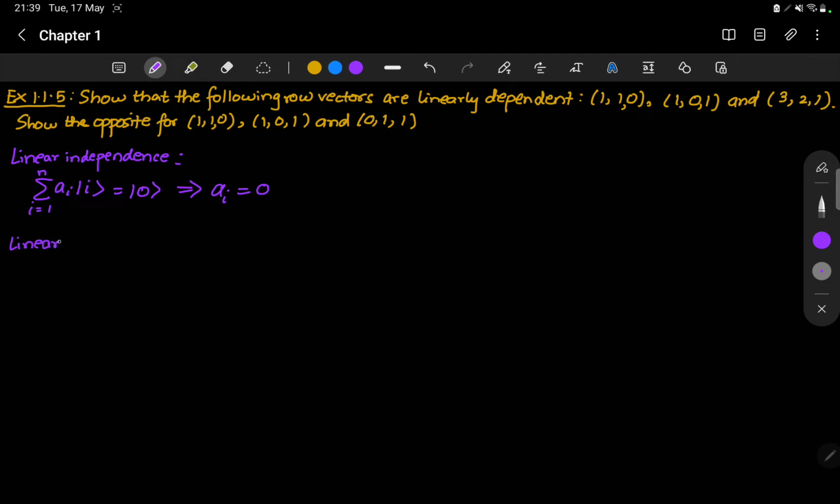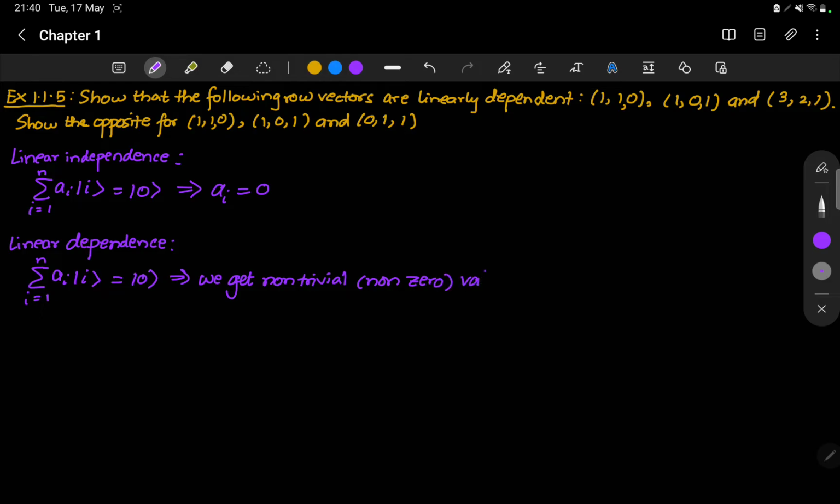And linear dependence would mean that if we take this superposition of all the vectors and set it equal to the null vector, we get some non-trivial, by non-trivial meaning non-zero, values for ai.